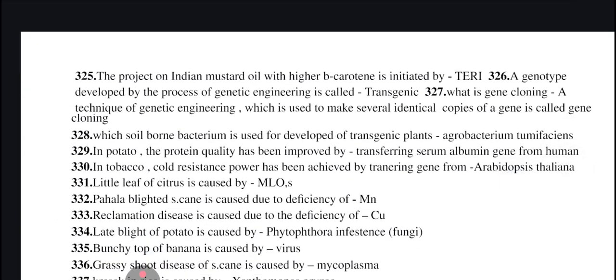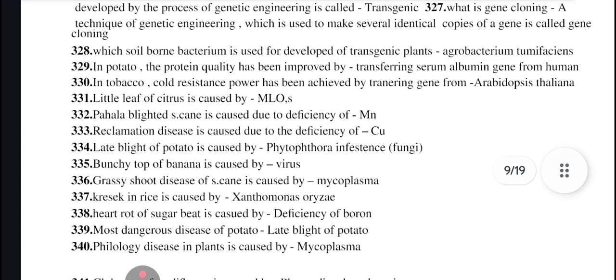Project on Indian mustard oil with higher beta carotene is initiated by Terry. A genotype developed by the process of genetic engineering is transgenic. A technique of genetic engineering used to make several identical copies of a gene is gene cloning. Soil-borne bacterium used to develop transgenic plants is Agrobacterium tumefaciens.